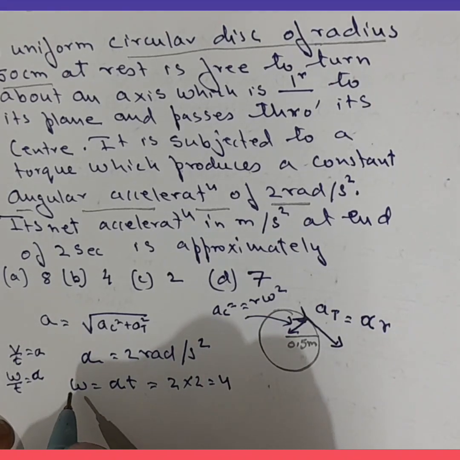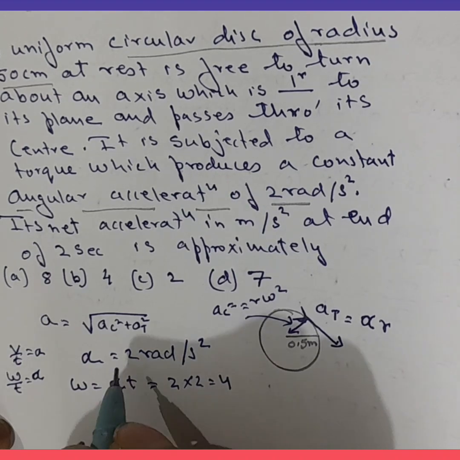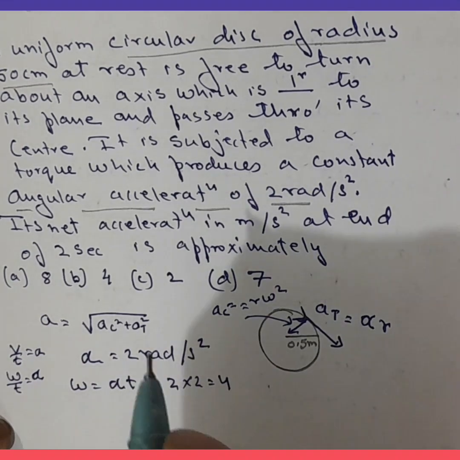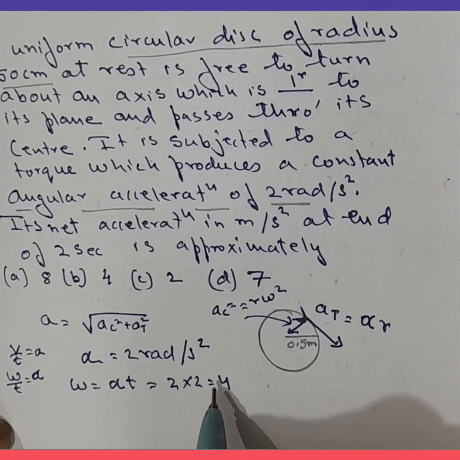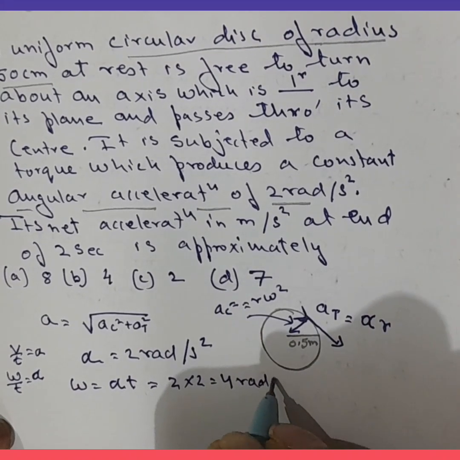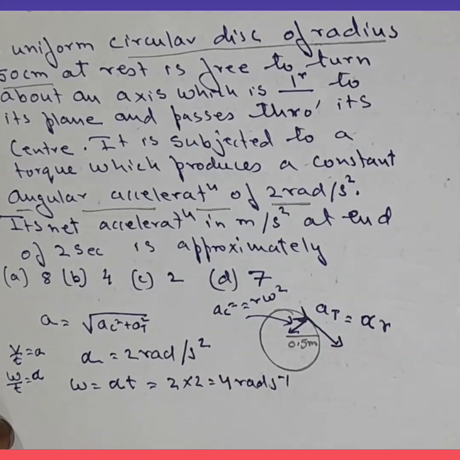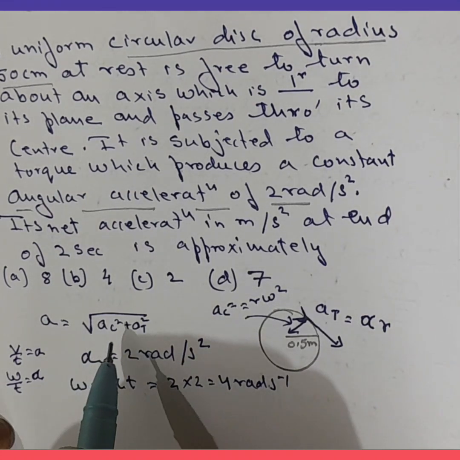So we are interested in angular velocity. Angular velocity is alpha t. Alpha provided is 2, and time provided, we need it after 2 seconds. So this becomes 4 radians per second. All right. So we got omega, and our formula requires what?